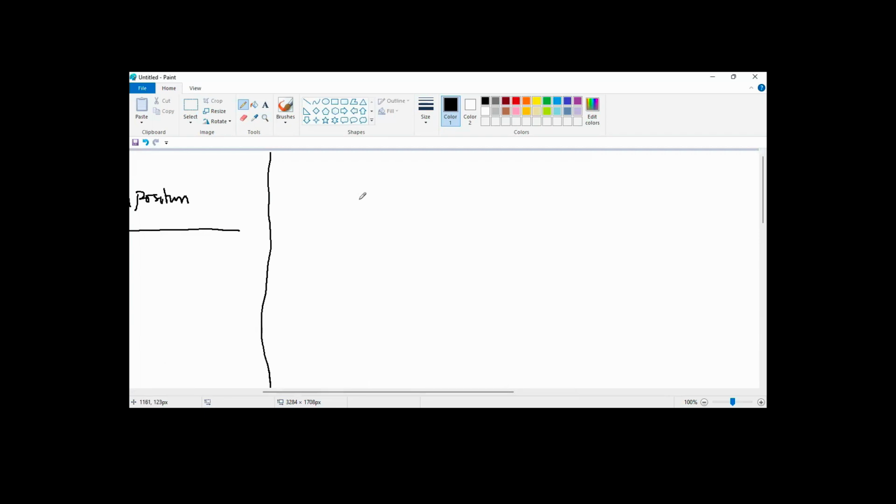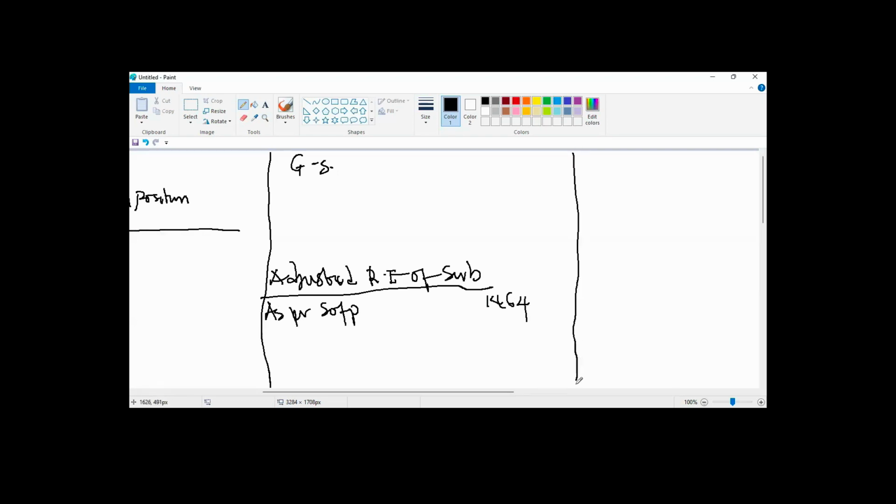I need group structure, adjusted revenue of subsidiary as per SOFP, which is 1464. I need to determine the net assets.